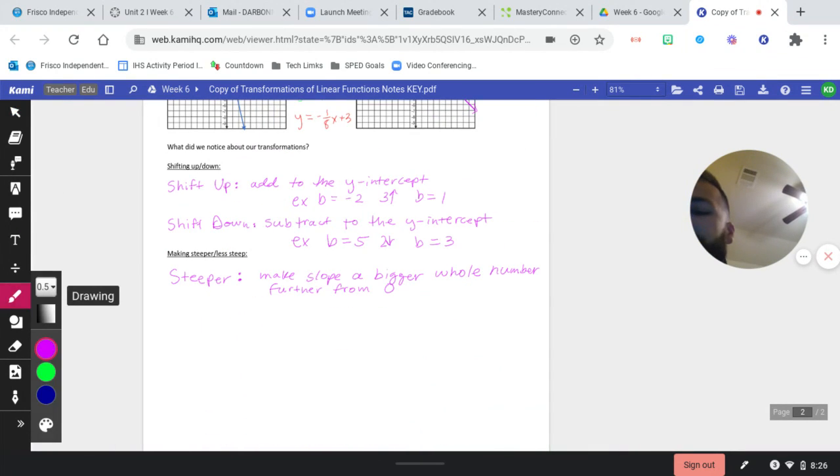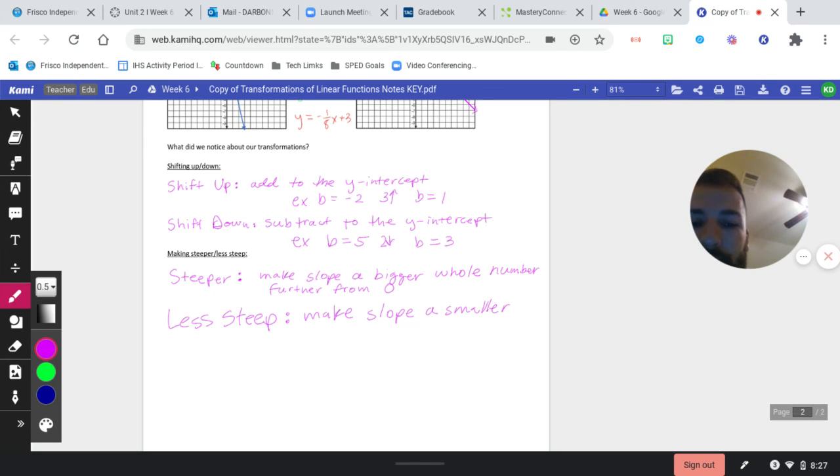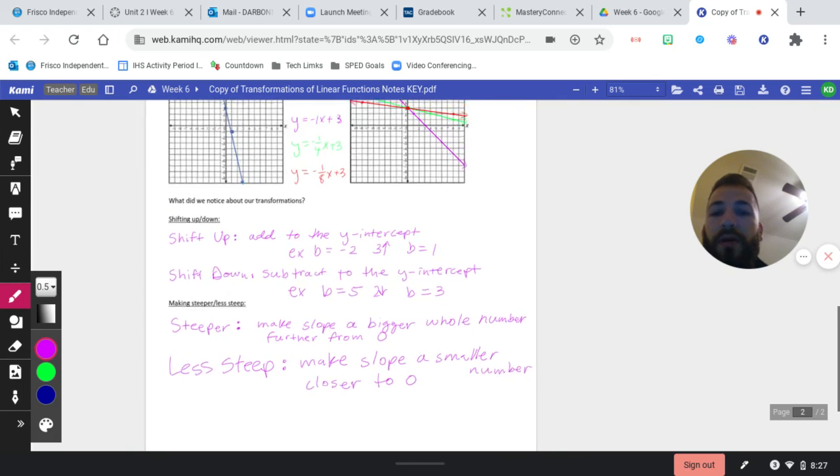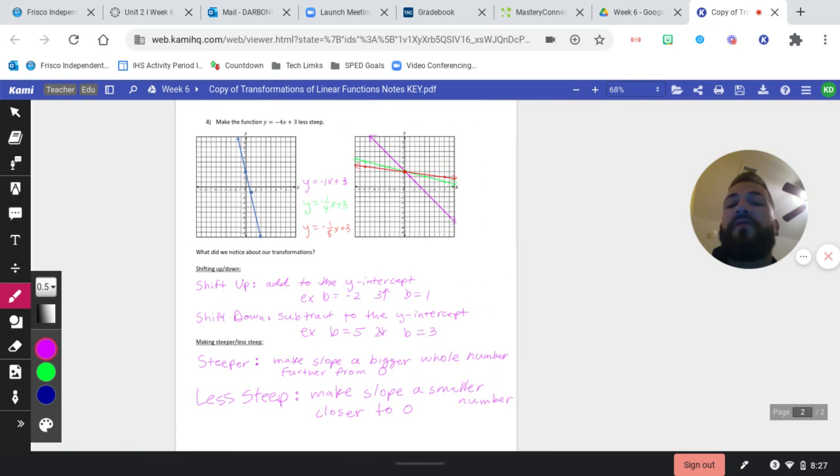If I want to make it less steep, I want to make the slope a smaller number or closer to 0. As we saw with our less steep examples, we went from negative 4 to negative 1 to negative 1/4 to negative 1/8, and we got significantly less steep each time.